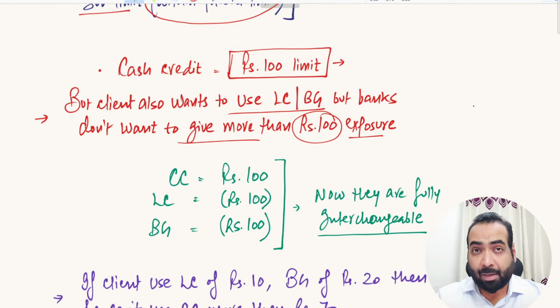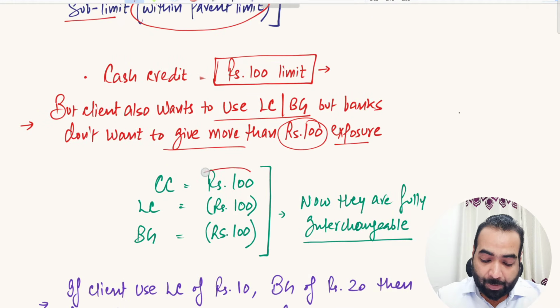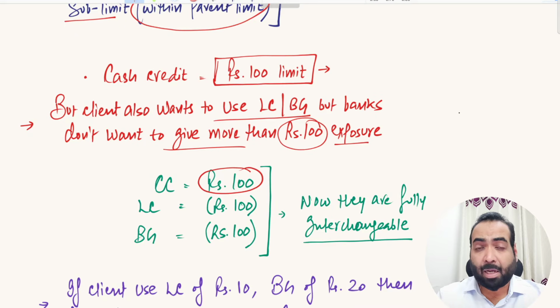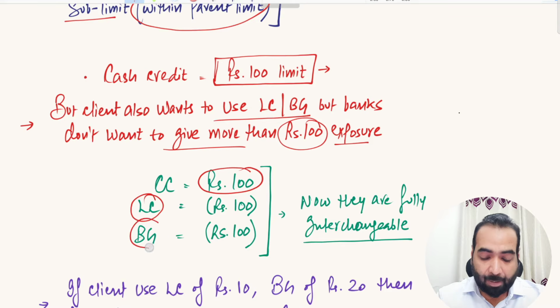They can allow you sublimits of this 100 rupees cash credit. Suppose your cash credit is rupees 100, then the bank allows you 100% interchangeability between LC and bank guarantee. So LC shall be sanctioned as a sublimit of the cash credit limit. Bank guarantee will be sanctioned as a sublimit of the cash credit limit.